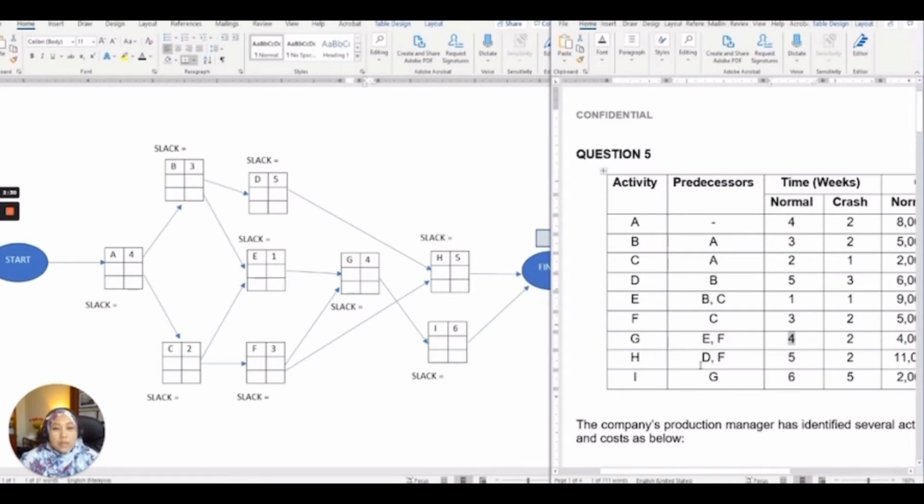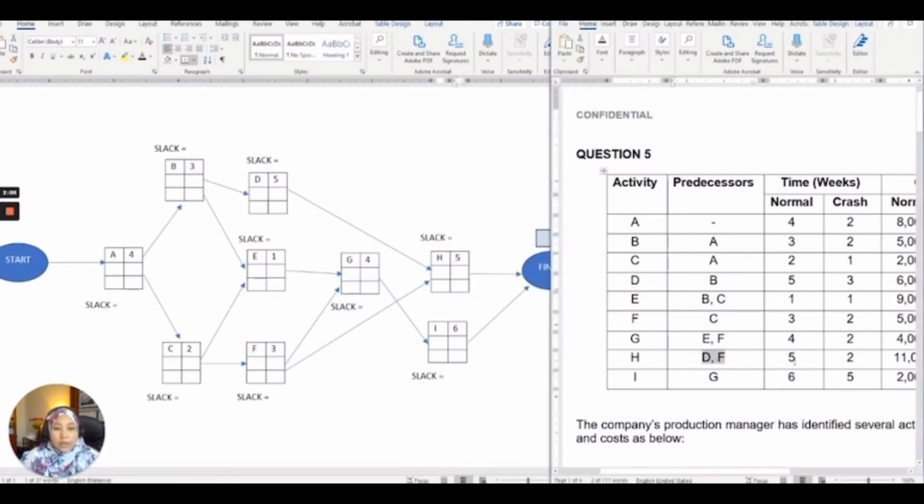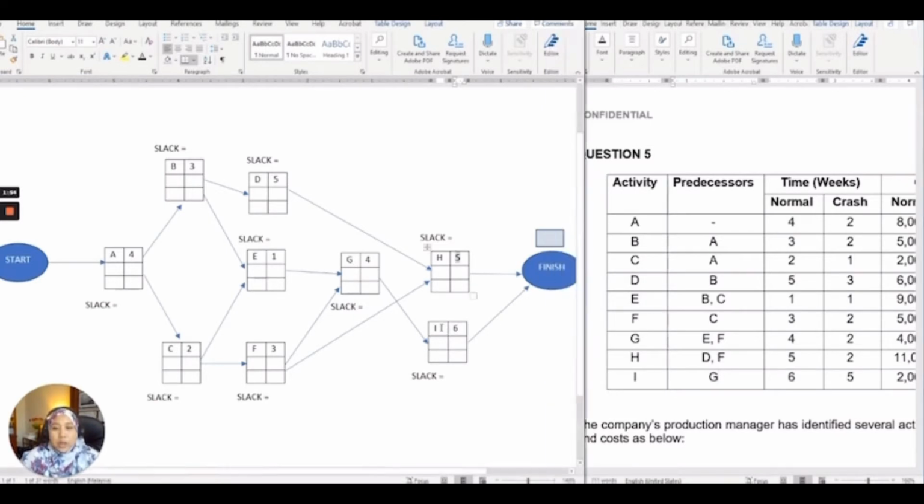For H, the predecessors are D and F, so the arrows come from activities D and F, and H has an estimated time of 5. The last one, I, has predecessor G, so the arrow comes from activity G, and I has an estimated time of 6.